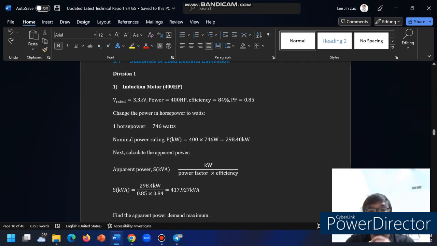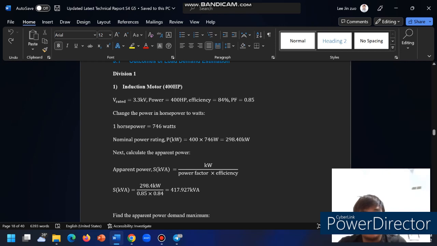We need to change the power into watts. 1 horsepower is equal to 746 watts, so the nominal power rating is 400 times 746 watts, which equals 200 plus kilowatts.